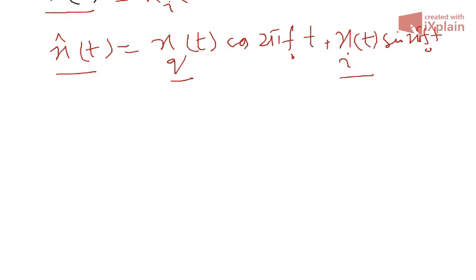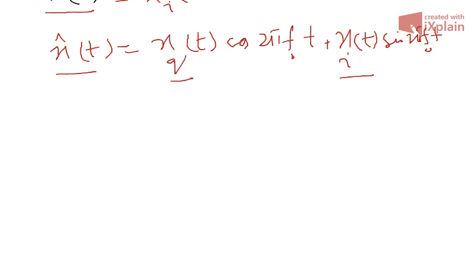Once you know the in phase, the x of t and x hat of t, the low pass equivalent signal, you can always write it in the polar form. And I leave it to you people. Just go through the text and the notes and try to write it in the polar form, which is just simple.